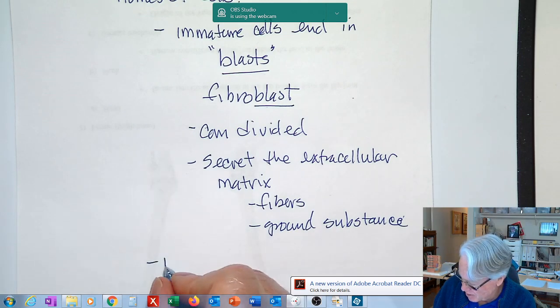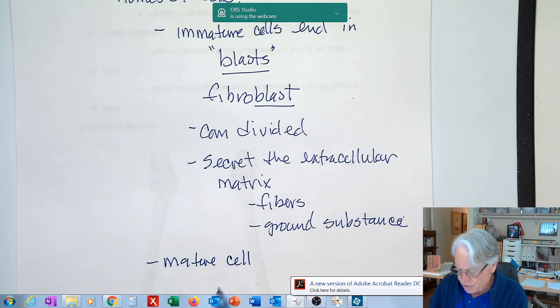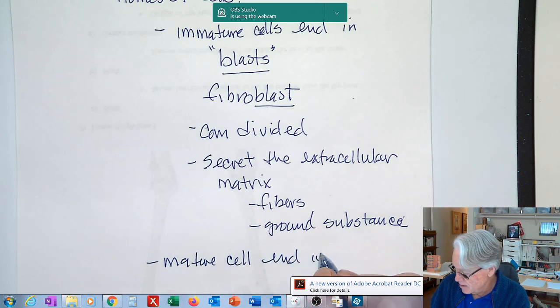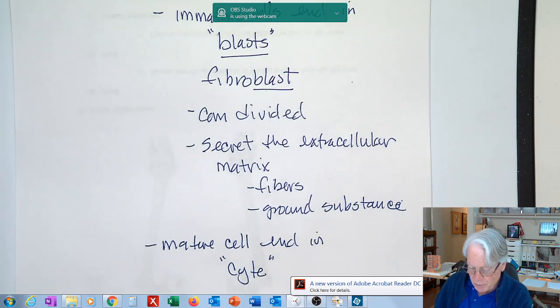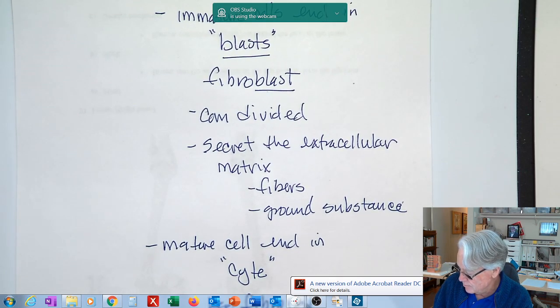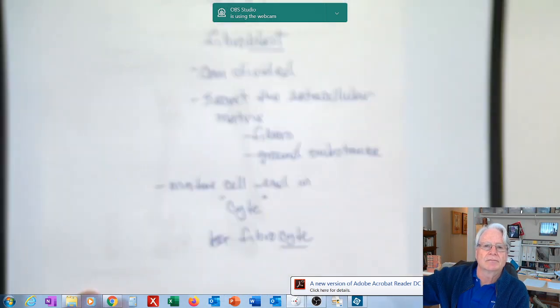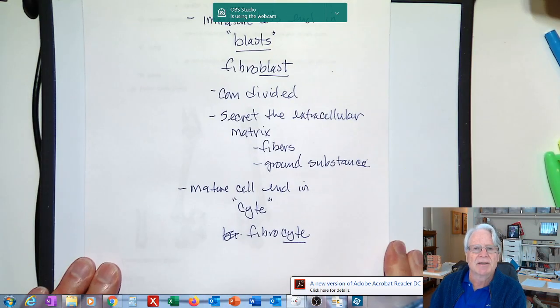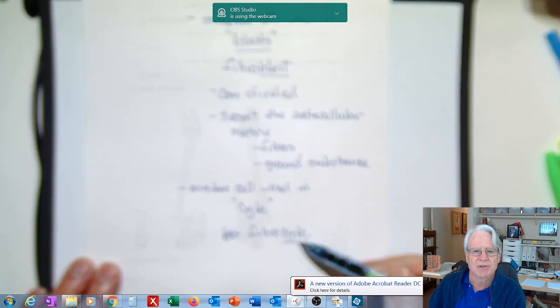The mature cell is going to end in cyte. So we can have a fibrocyte. We can have the immature form of this cell, the fibroblast, or the mature form, fibrocyte.